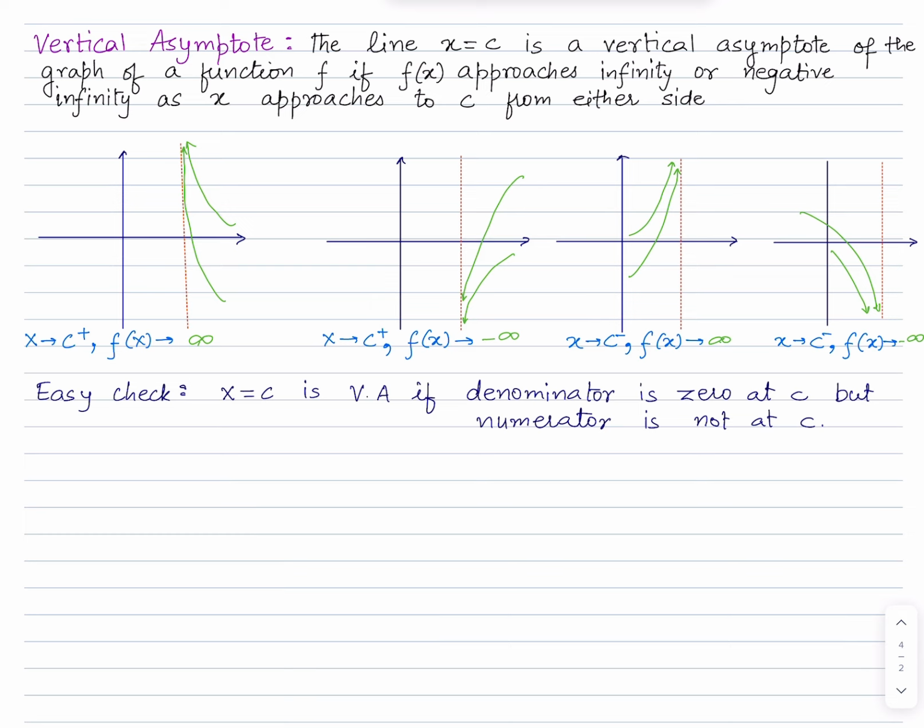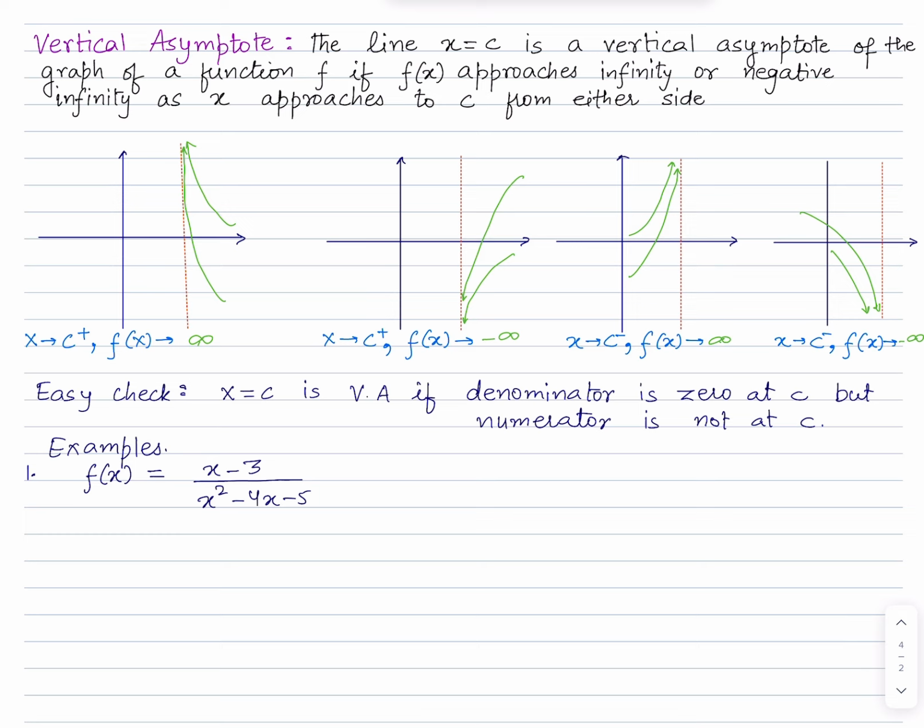Let's do some examples. So our first example to start with is f(x) equals (x minus 3) divided by (x square minus 4x minus 5). What we will do?